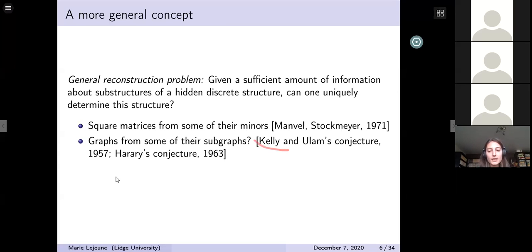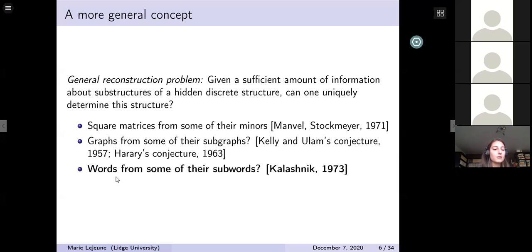And Kelly and Ulam's conjecture states that two hypomorphic graphs with at least 3 vertices are isomorphic. And there is a similar conjecture by Harary about edge deleting subgraphs. And these two conjectures are still open, but already known to be true in some particular families of graphs.